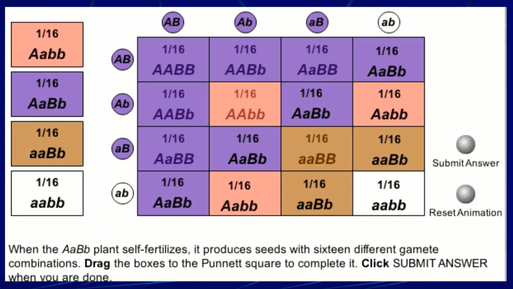White and tall, white and tall, white and tall. That's also 3 over 16 white and tall plants. And we only have 1 over 16 that is white and short. So those are the possible genotypes of the cross between the heterozygous F1 plants.